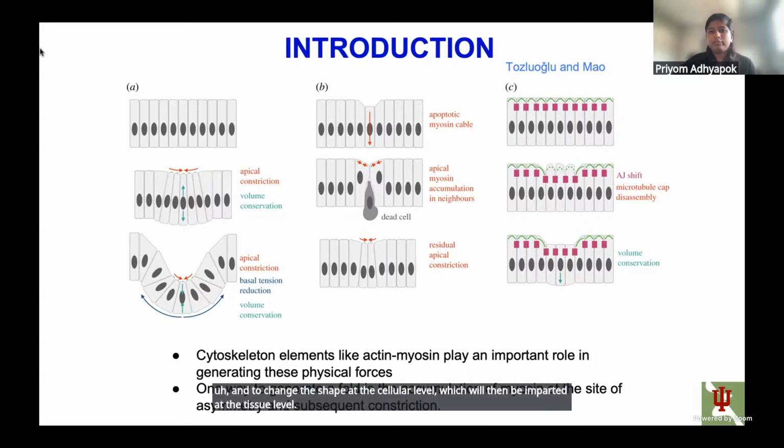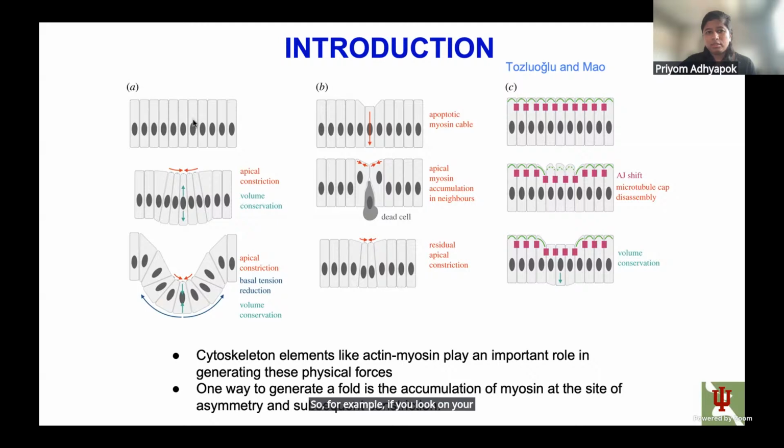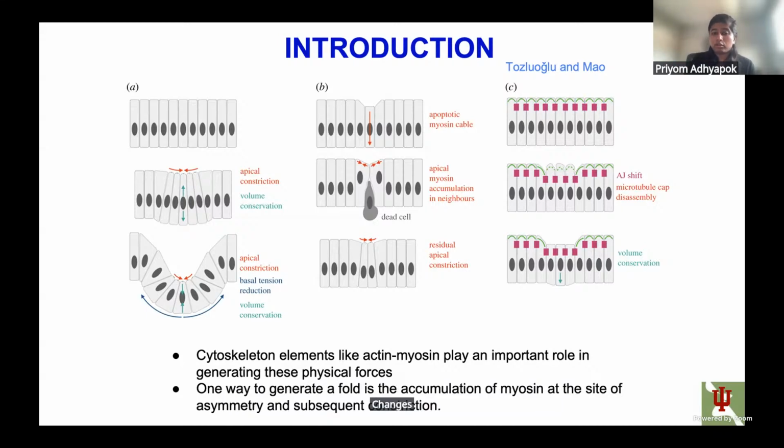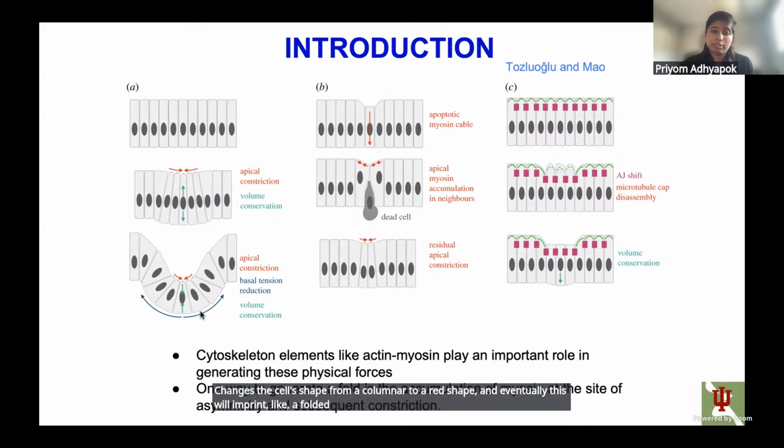For example, on your left is a columnar layer of cells, and there is an increase of contractility on the apical side, which changes the cell's shape from columnar to wedge shaped, and eventually this will imprint a folded shape in the entire tissue.